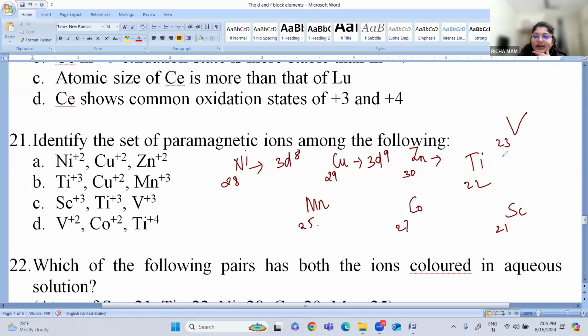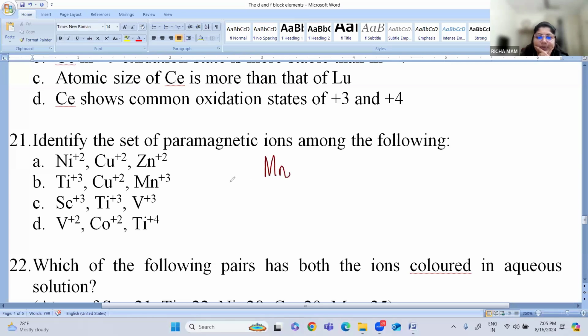If I write for titanium, titanium will be 3d2 4s2. Okay, they have asked for the +3 state. So in the +3 state, it will be 3d1. So here also 1 electron is present. Now copper in +2 state, then manganese in +3 state. So write for all and just check.